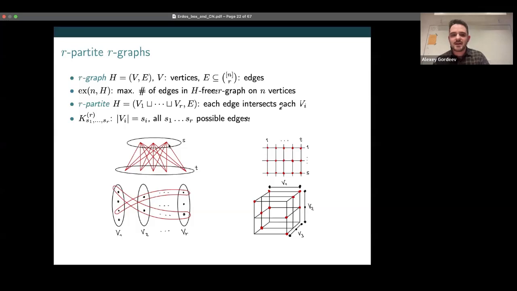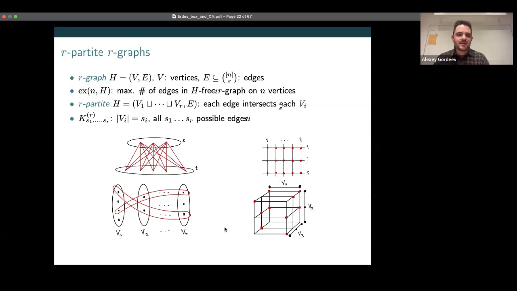So in this sense, complete bipartite graphs are just product sets on the plane. And similarly, r-partite graphs can be viewed as product sets in r-dimensional space, where you again fix some set v1 of values for the first coordinate, a set v2 of values for the second coordinate, and so on. Then you look at this product set, any r-partite graph is some subset of this large product set, and the whole product set is the complete r-partite graph.